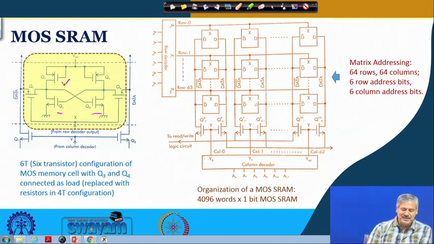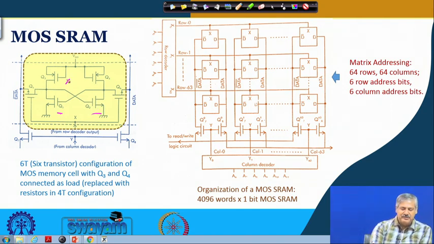Okay. Otherwise, one can also make a normal resistor in this place, and this will also provide the same cross coupled bistable mode of operation. Cross coupled inverters providing bistable mode of operation.